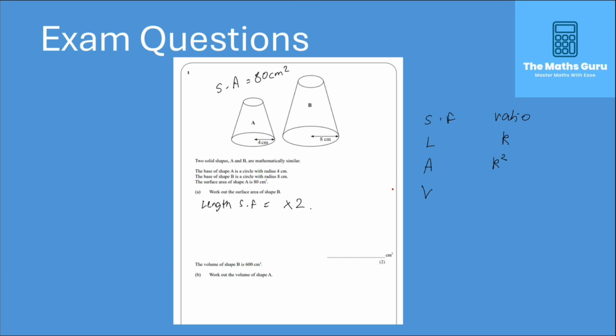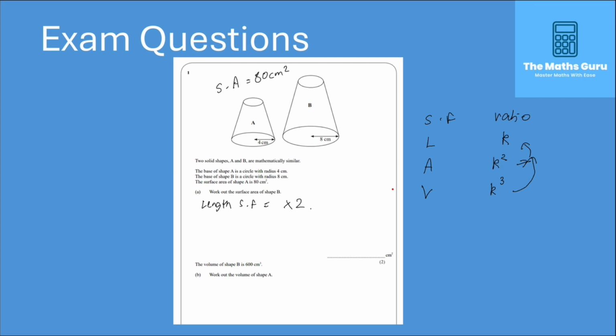Then the volume scale factor is k cubed. So whatever our length scale factor is, we square it to get our ratio factor for the area and cube it to get our ratio factor for the volume. We can also work backwards: if they give us the area scale factor, we can square root it to get back to the length, and similarly we can cube root the volume scale factor.